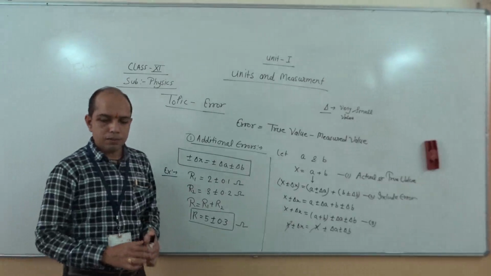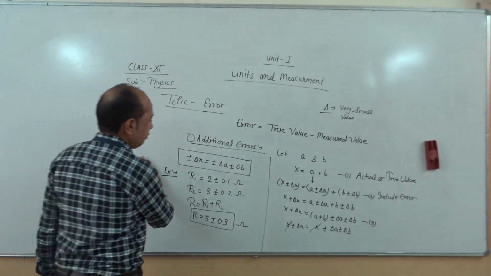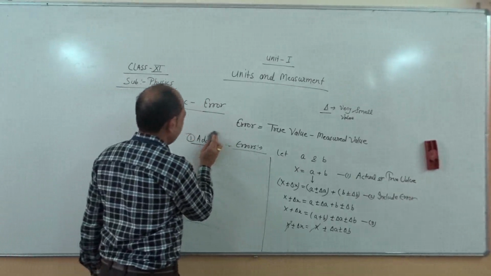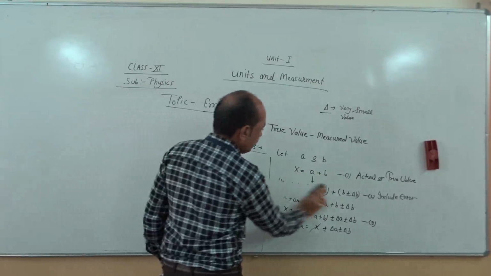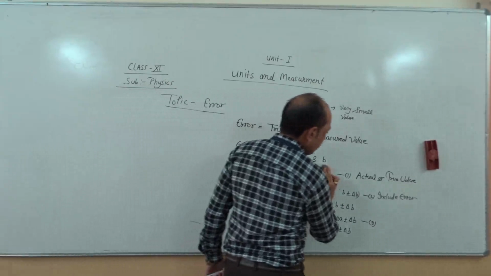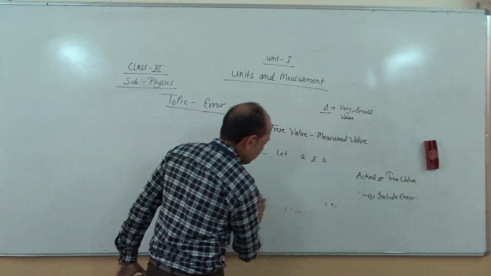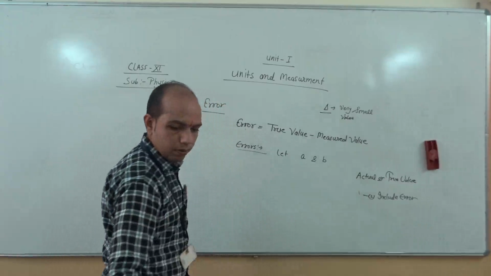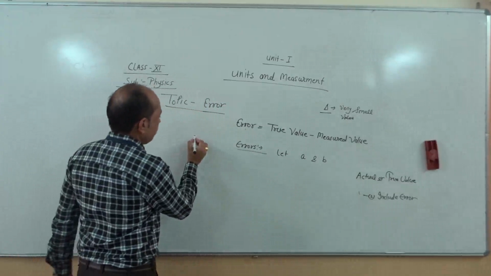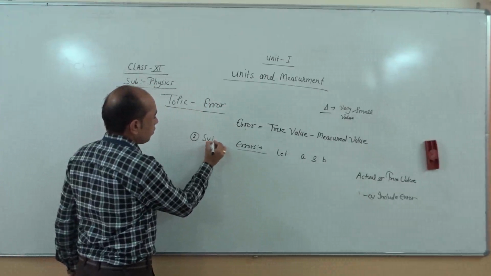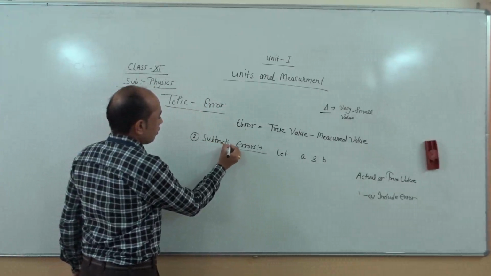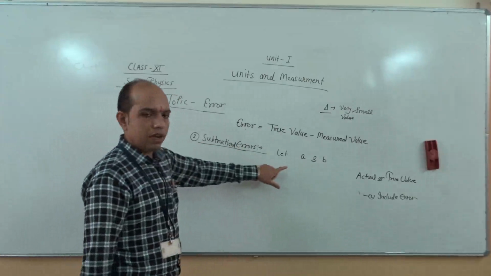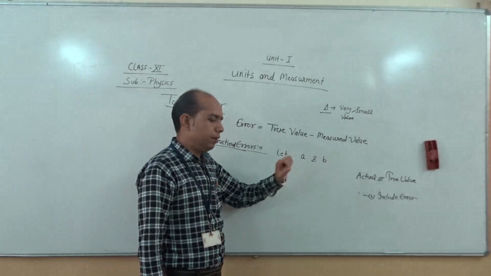Okay. Next we come to subtraction error. So let me have again two numerical numbers a and b.